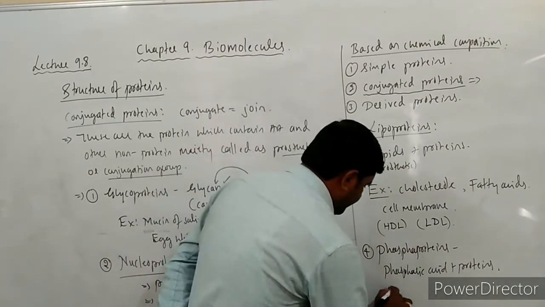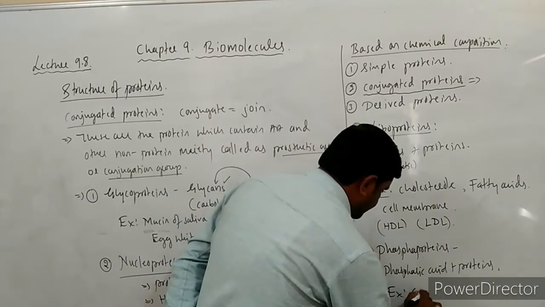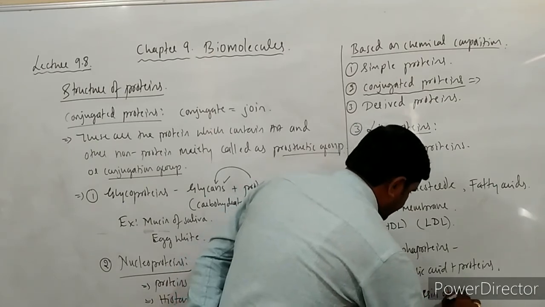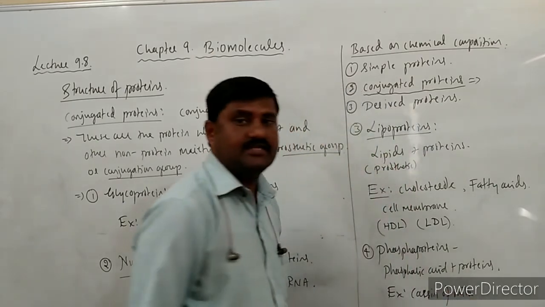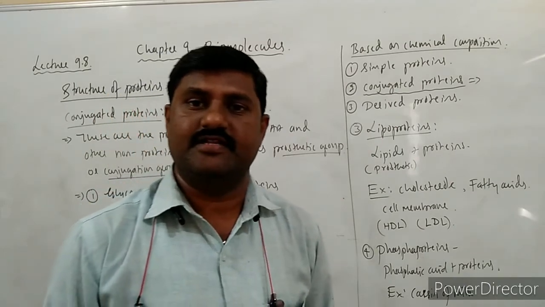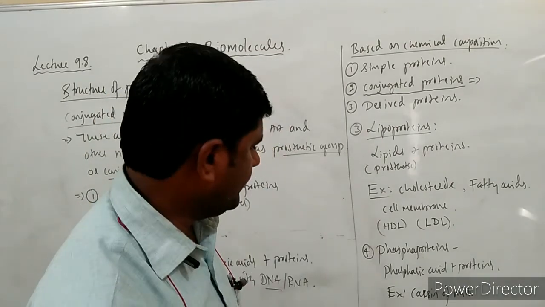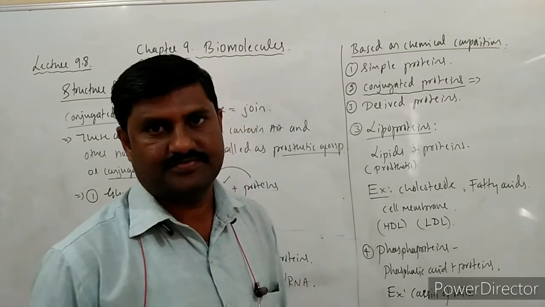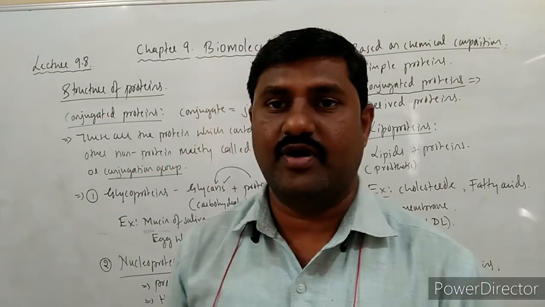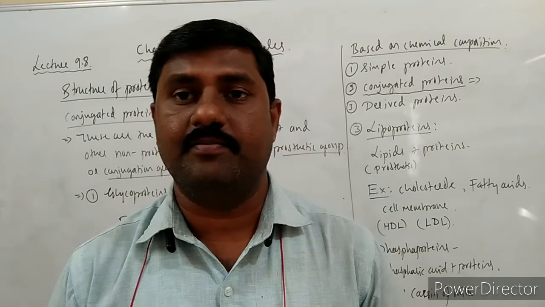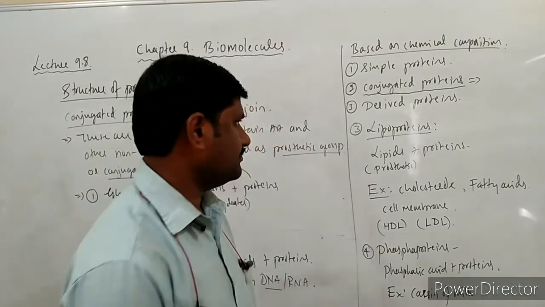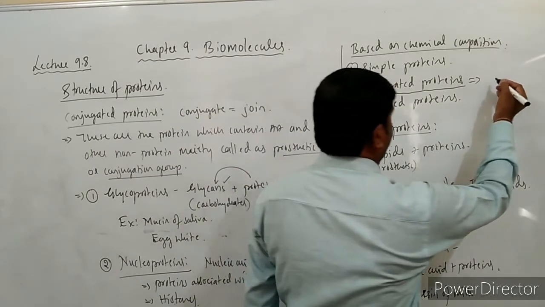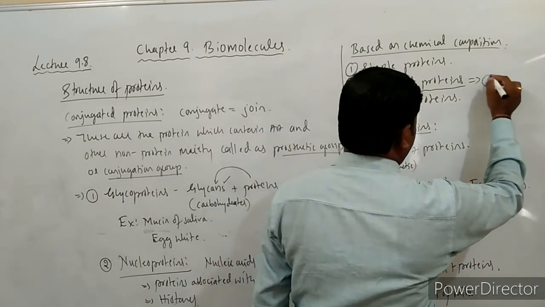The best example is casein of milk. Casein is one type of protein present in milk, so it is a phosphoprotein. And the next one is metalloprotein.